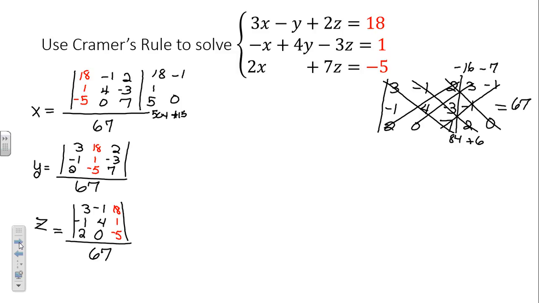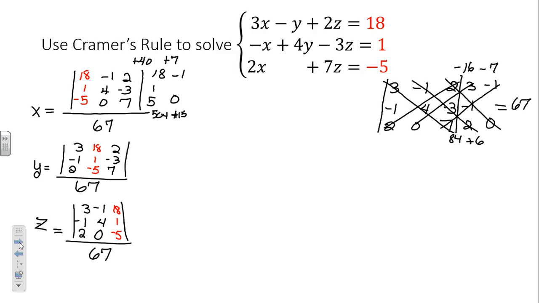And then the last one will get us a 0. Upward diagonal, negative 5 times 4 is a negative 20, times 2 is a negative 40. Change the sign. 0 times negative 3 times 18 is 0. And 7 times 1 times negative 1 is negative 7. Change the sign. So 504 plus 15.